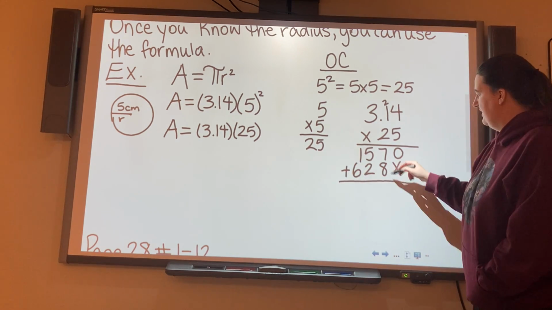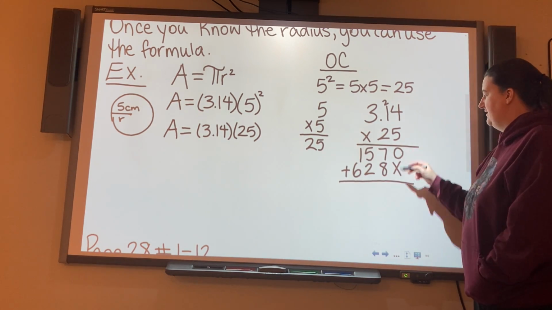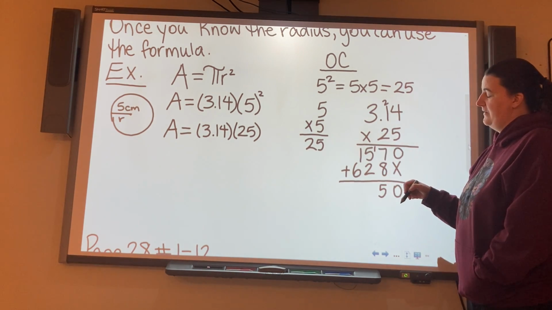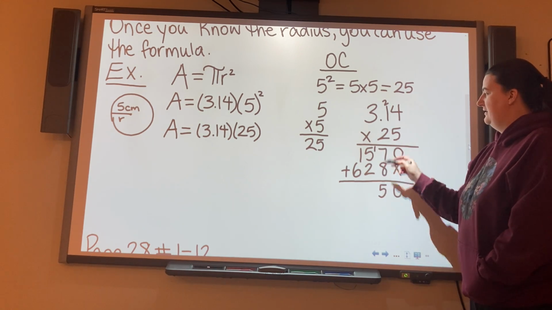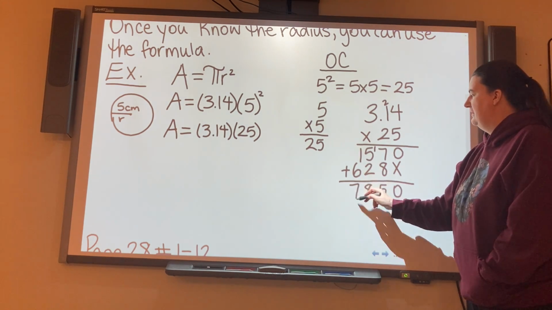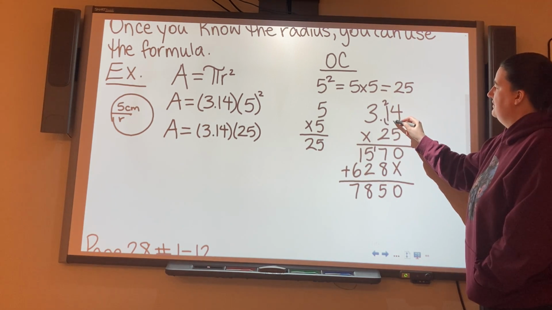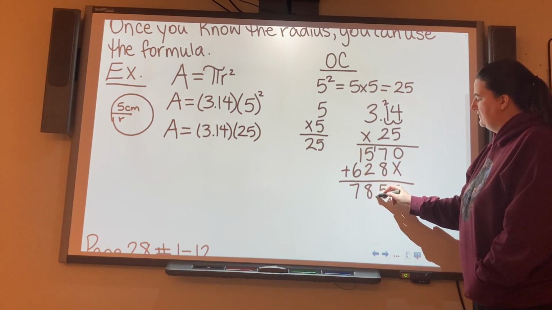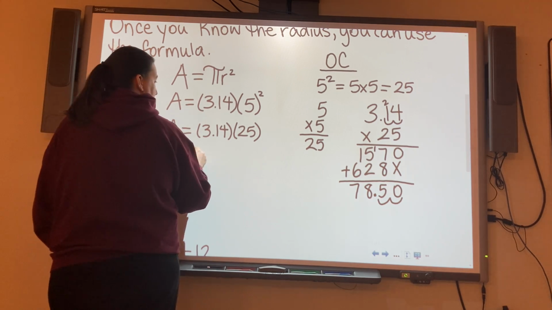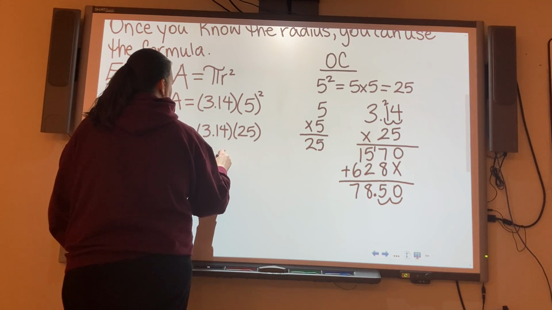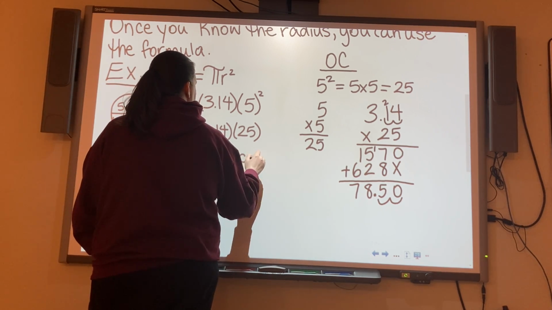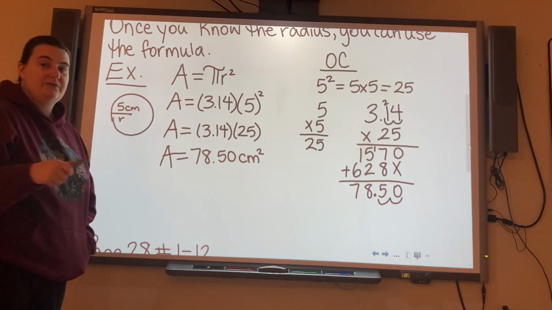So now that I have my 2 answer lines, I'm going to add them up. 0 plus nothing is 0. 7 plus 8 is 15, carry your 1. 5 plus 2 is 7, plus the 1 that I carried is 8. 6 plus 1 is 7. 2 decimal spots, 2 decimal spots. So the area of my circle is 78.5, you don't really need the 0, centimeters squared. Don't forget the little 2.